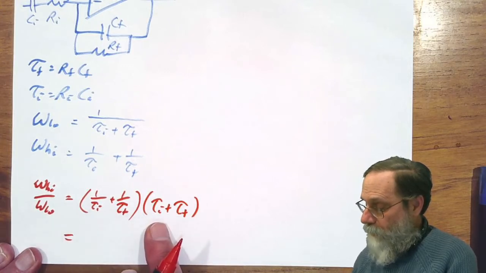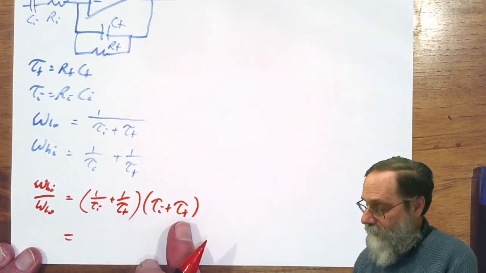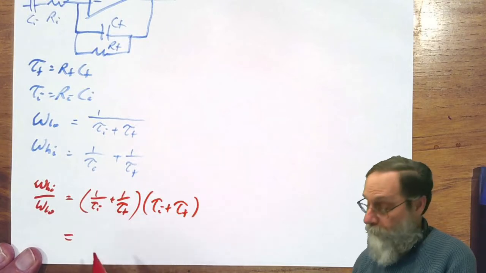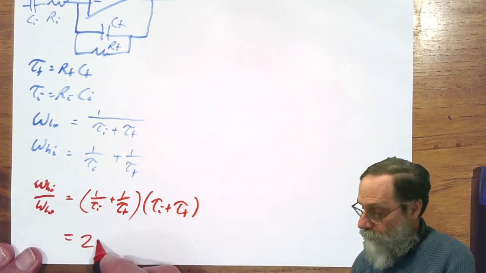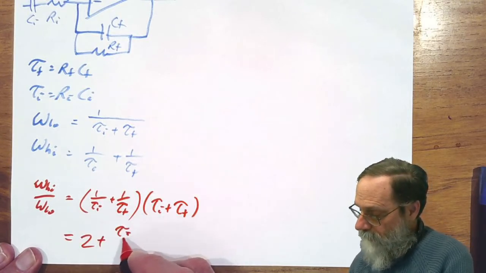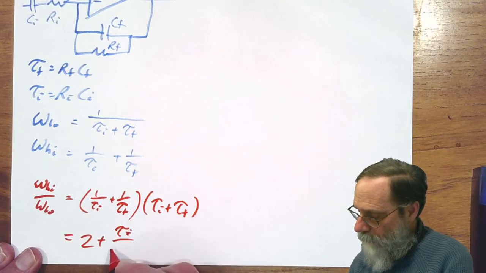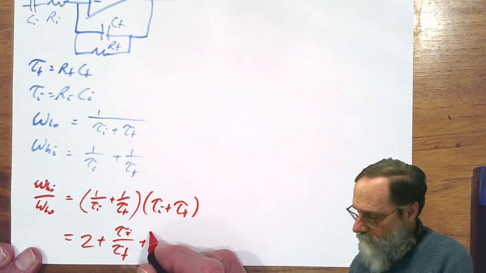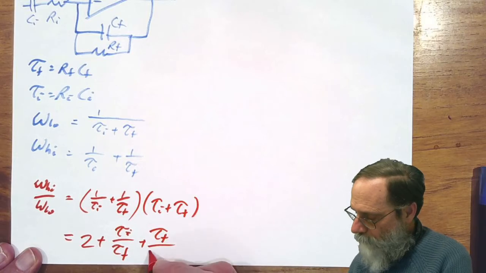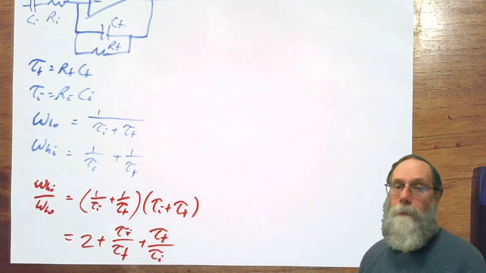The 1 over tau I times tau I, and the 1 over tau F times tau F. This is going to be 1 plus 1, or 2. And then the cross terms will be tau I over tau F plus tau F over tau I.